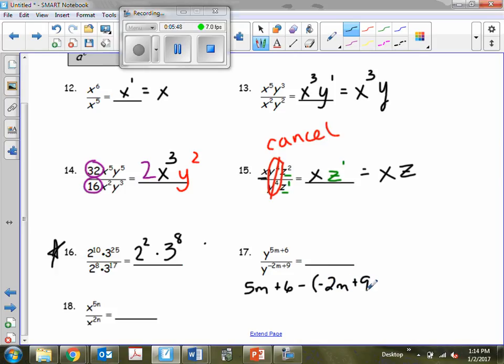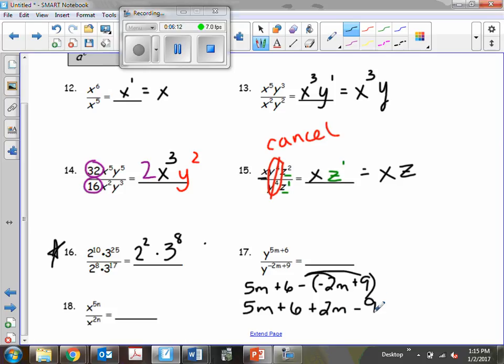The reason I recommend that you write it out is because this negative is going to distribute to both the negative 2m and the 9, and if you don't write it out like this, you might forget to do that. So if we distribute that in, we get 5m plus 6. This turns into a plus 2m, and this turns into a minus 9.